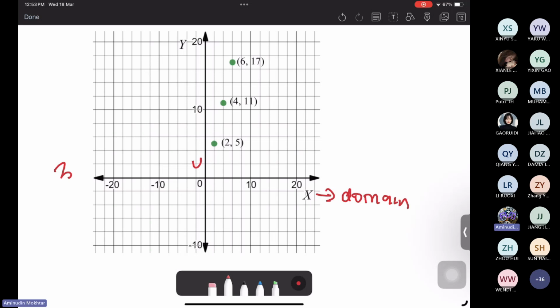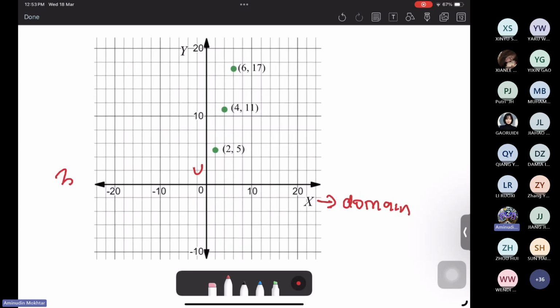The intersection between these two axes, the value of this number is 0. Then we have the positive and negative values of y, and positive and negative values of x. Be careful when you draw the lines. Make sure you draw them correctly, otherwise you will lose your marks.